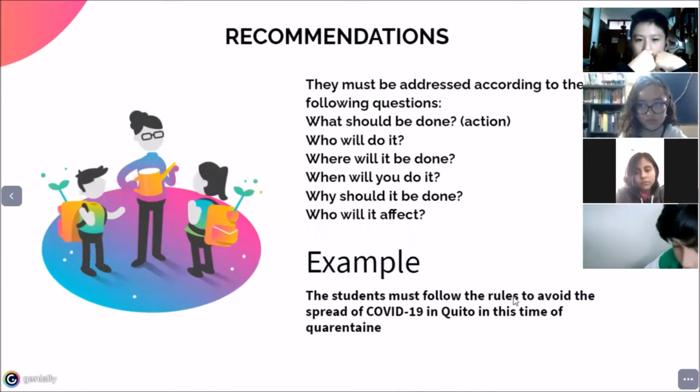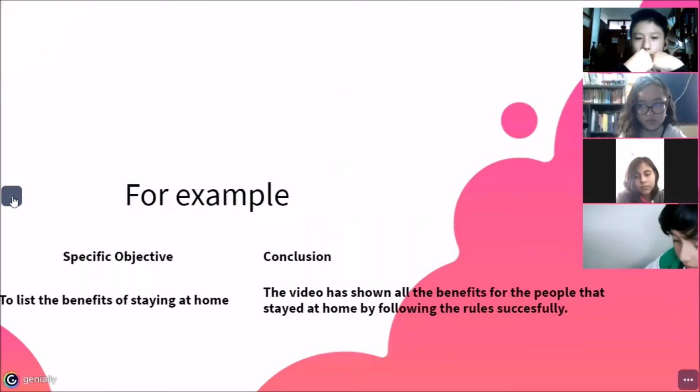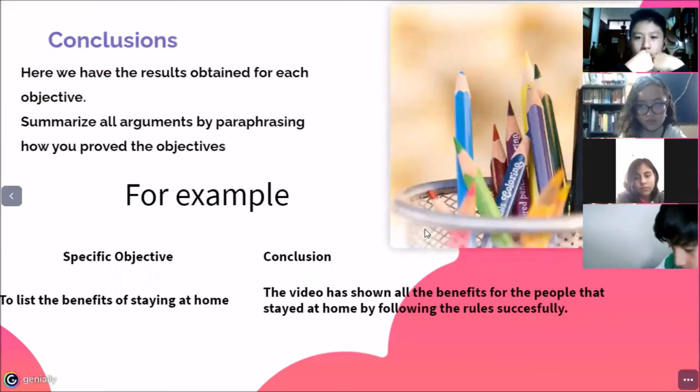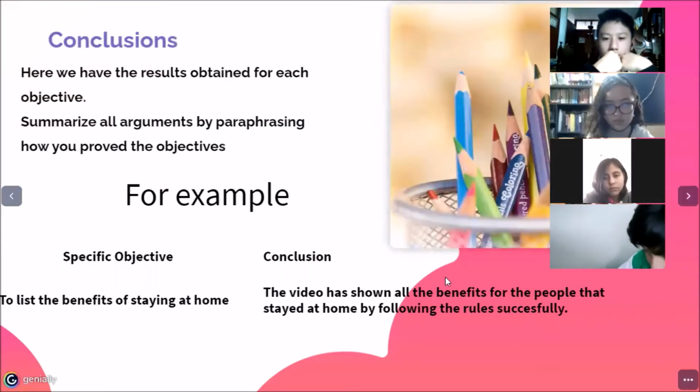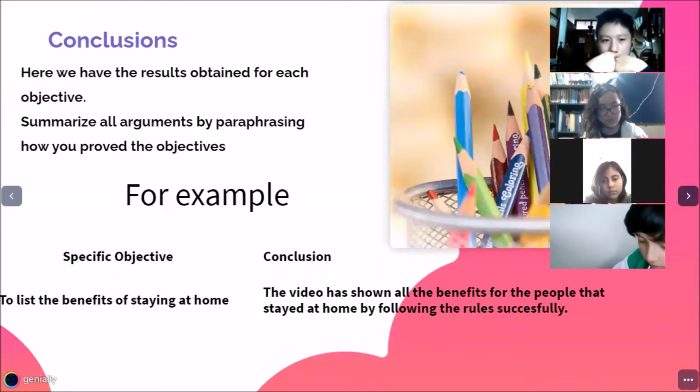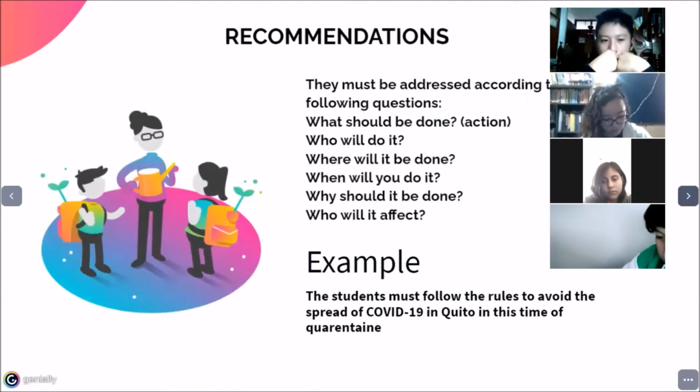So for example, I have an example related with the last conclusion. Remember that we had this conclusion that showed the benefits of following the rules. So, what is my recommendation? I say, the students must follow the rules to avoid the spread of COVID-19 in Quito in this time of quarantine.